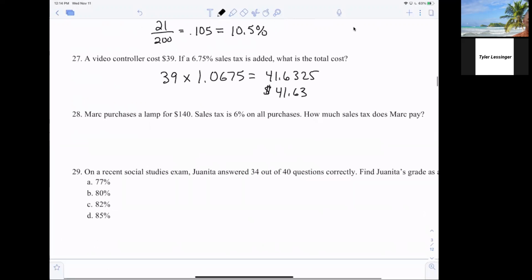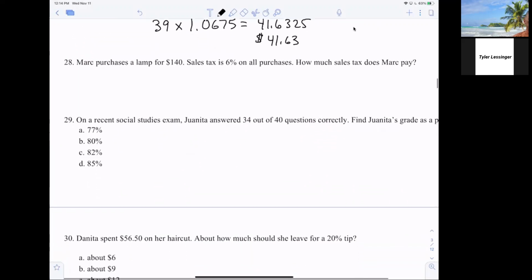Good work, good work. Okay. Now, number 28, they're just asking for the what? So I just have to do what? Times. Yes. And help me. How much? So we wouldn't say 8.4, we'd say $8.40.